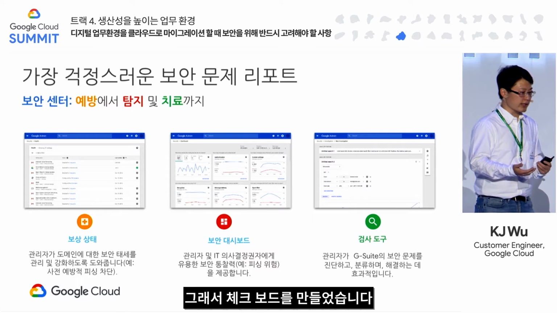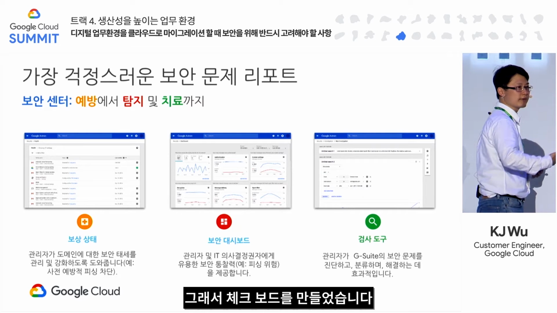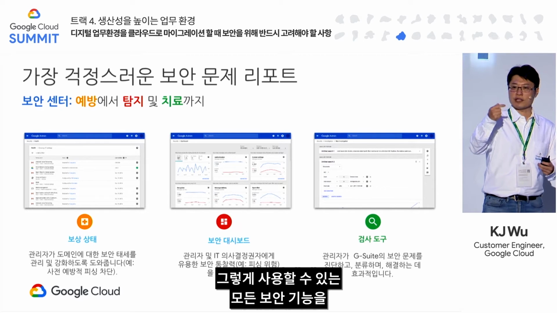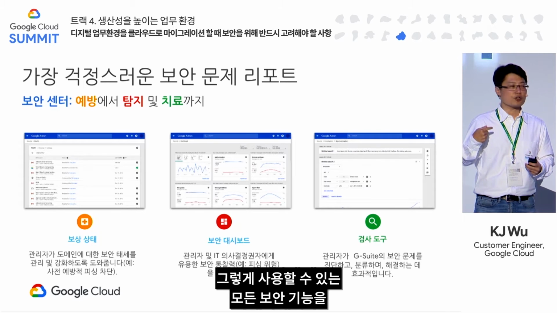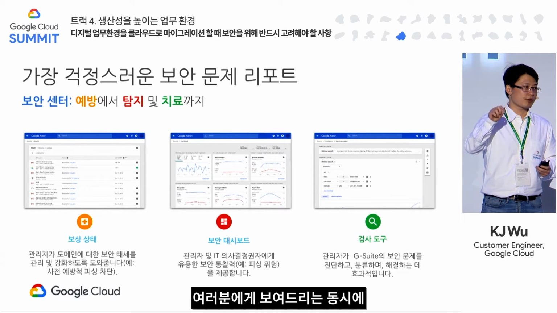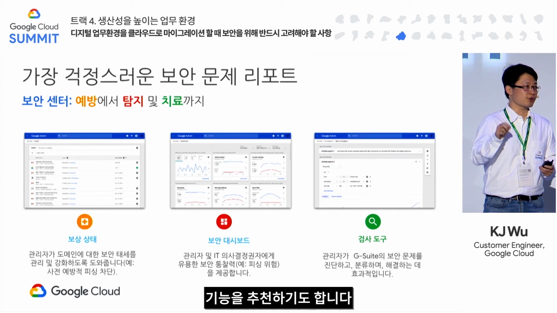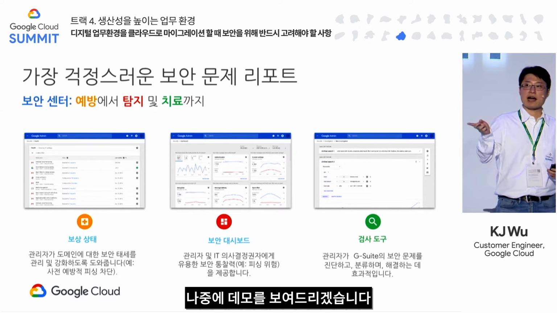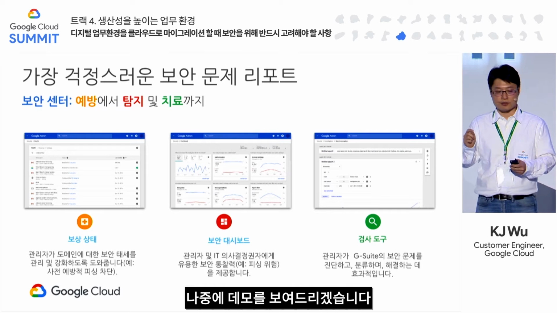So we came up with a security health dashboard. You can see for each security feature whether you should enable it. We will show that and recommend you enable it. And later on, I'm going to show a demo of how to do that.